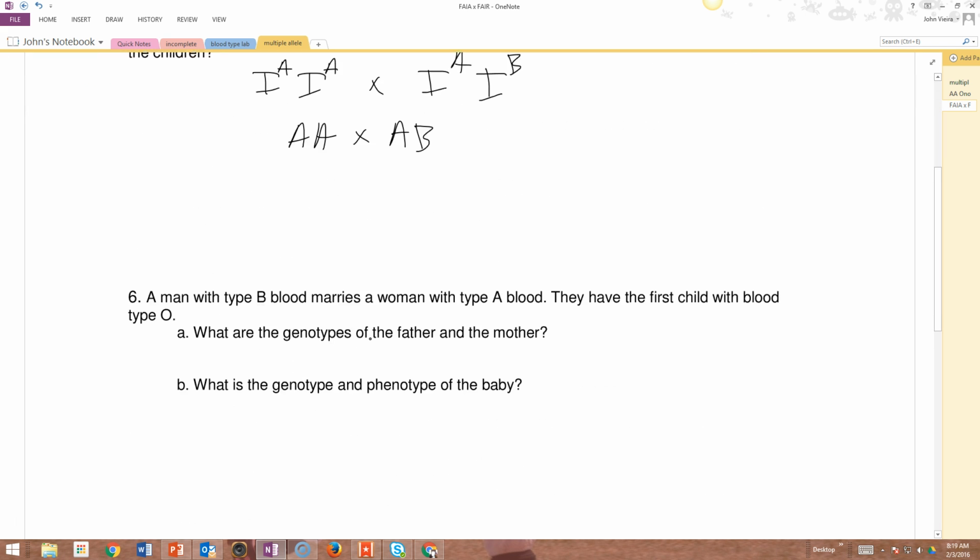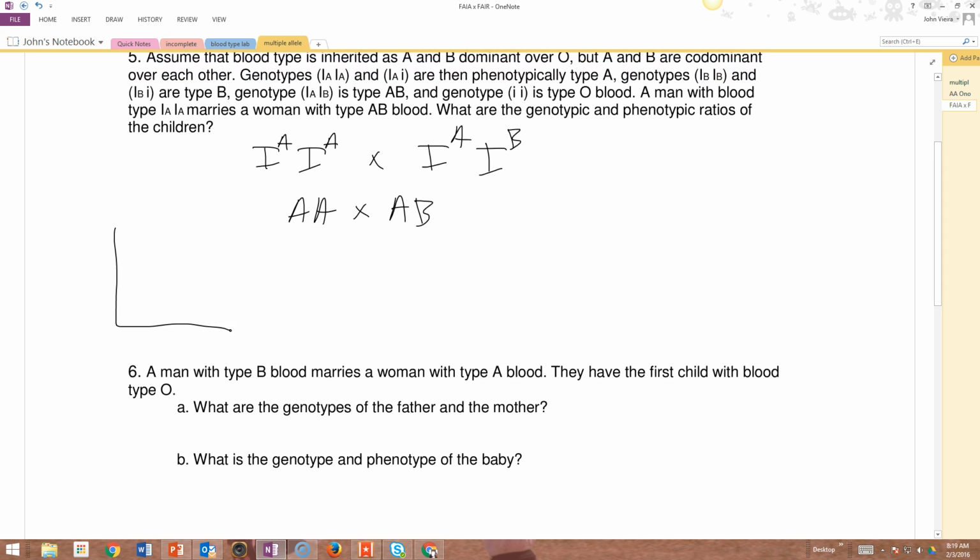What are the genotypic and phenotypic ratios? Well, it's pretty simple. There's a genotype. The phenotype is that person is going to be type A. There's a genotype, and that person is going to be type A. There's a genotype, and they're going to be type AB.